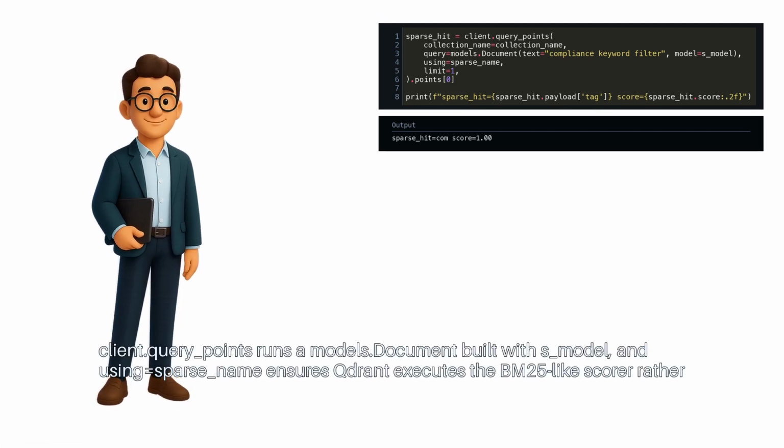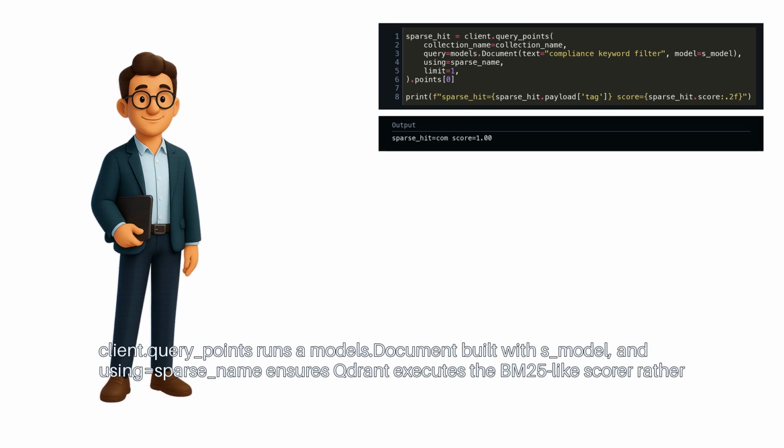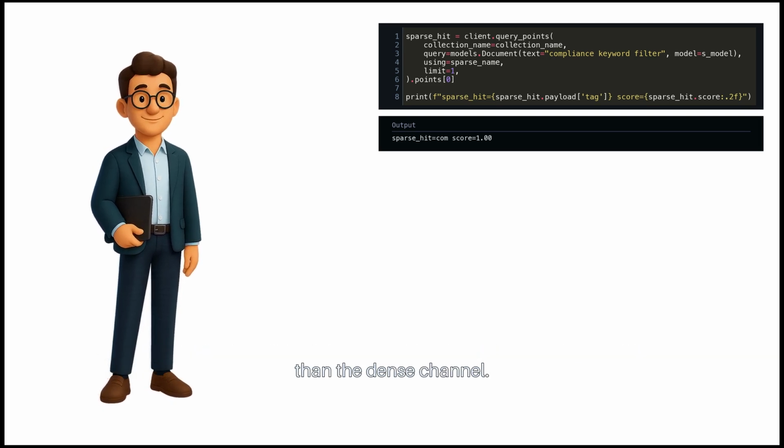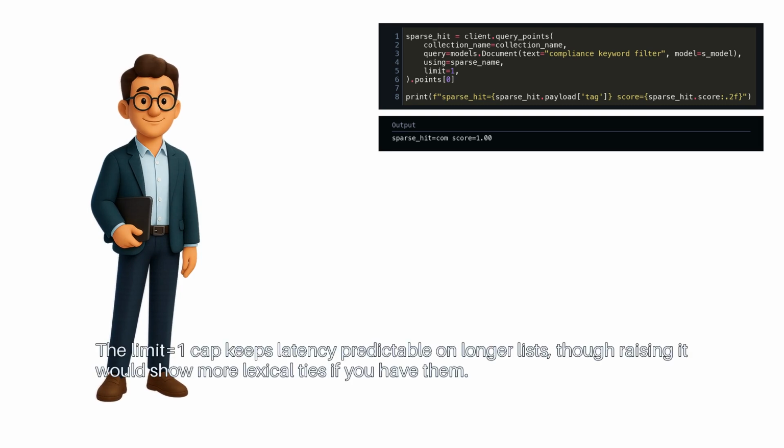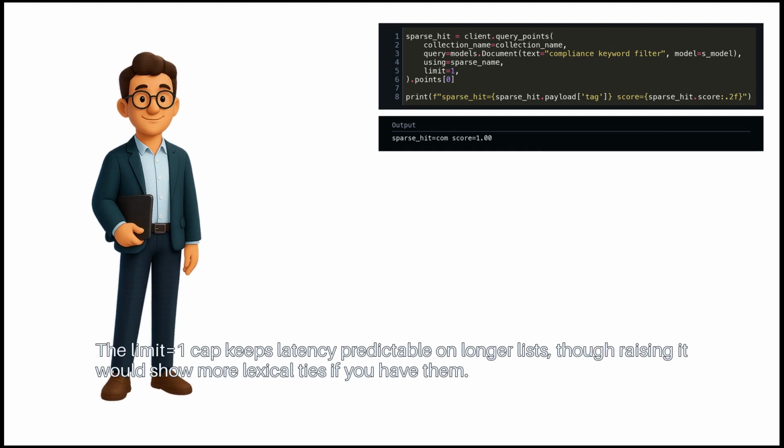Client.query_points runs a models.Document built with S model, and using sparse name ensures Qdrant executes the BM25-like scorer rather than the dense channel. The limit equals 1 cap keeps latency predictable on longer lists, though raising it would show more lexical ties if you have them.